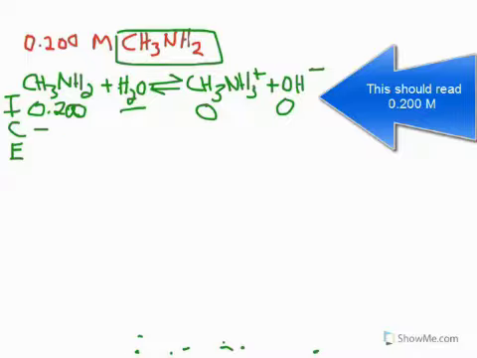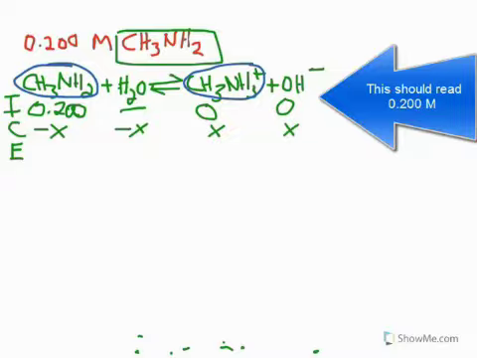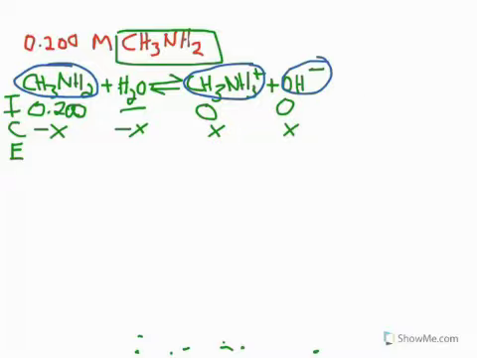So we get minus x here, minus x here, x forms, and x forms. This is because it's all 1 to 1. 1 mole CH3NH2 yields 1 mole of CH3NH3 plus and 1 mole of hydroxide. So x moles of CH3NH2 will yield x moles of CH3NH3 plus and x moles of OH minus.